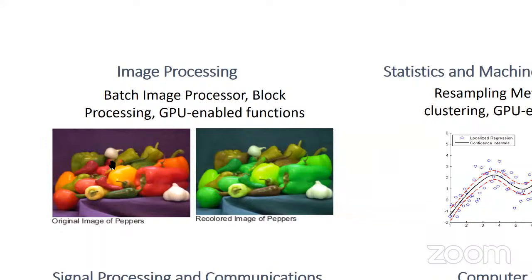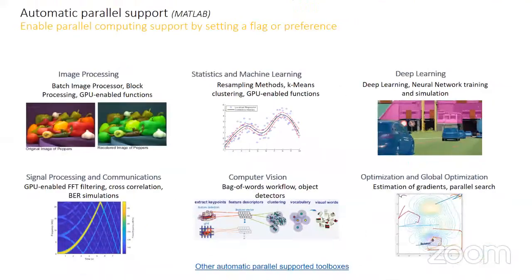I want to convert the images into grayscale or recolored images. If I have 100 or 200 images like that and I want to convert them, it will take time.